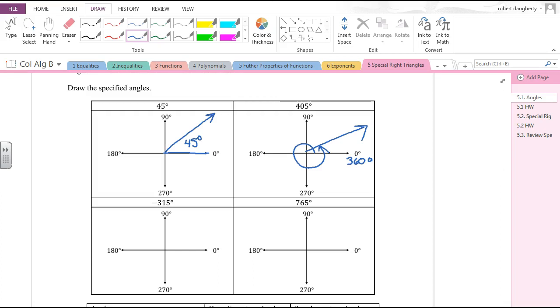I hadn't got there. 270. 360. I had not gone far enough. I had to go 45 more to get to 405 degrees. So that's a 405-degree angle. Okay, so I went 360, but I needed to go 45 more. So if you look at 360 plus 45, that's 405 degrees. Okay.